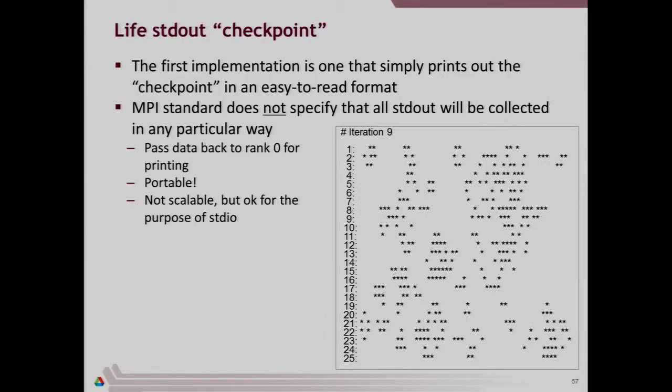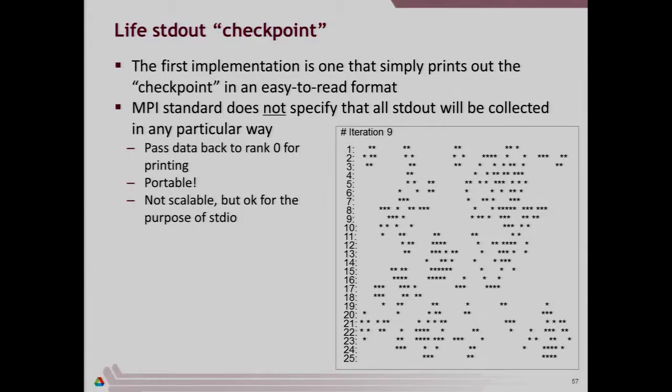The way our checkpoint routine is going to work, our first implementation, like I said, is going to write to standard out. MPI standard doesn't really say anything about exactly how standard out is handled. And so if you've run on different systems, you've probably noticed that sometimes standard out gets pretty well munged between different processes.